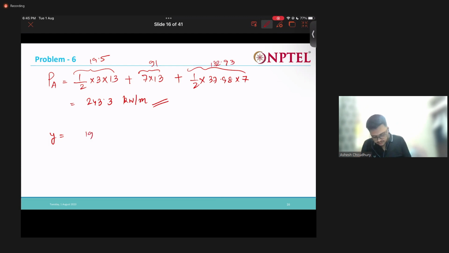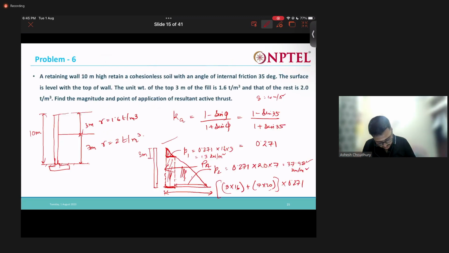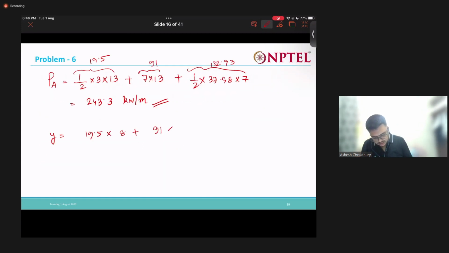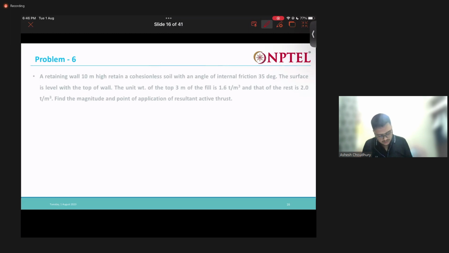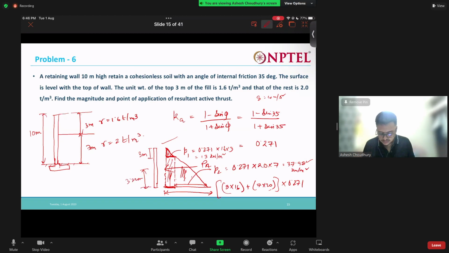So 19.5 into 8, here to here 7, and from here 1, so 1 meter, so 8, plus 91 into 7 by 2, which is 3.5, plus 132.93 into 7 by 3, divided by 243.3. That's about 3.22 meter. So this PA is acting at a point of application 3.22 meter from the bottom. Okay.